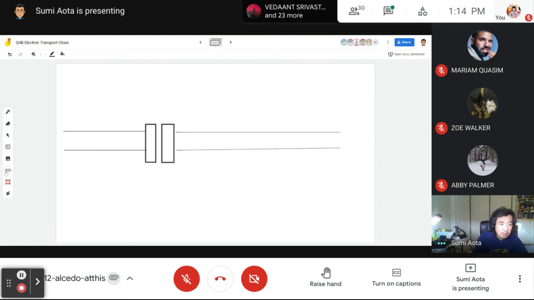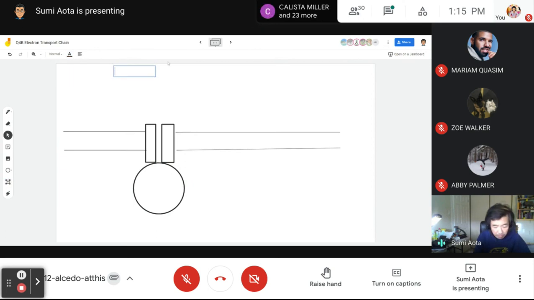And the name of this particular structure, this thing is an enzyme.